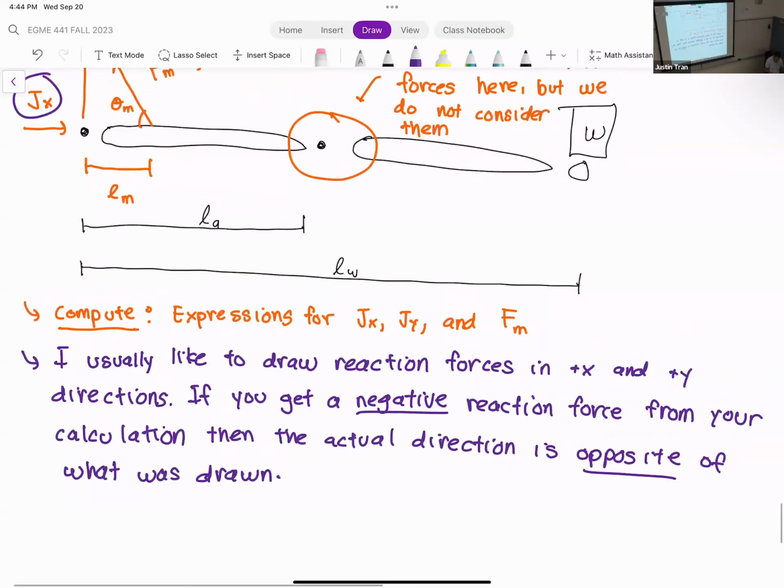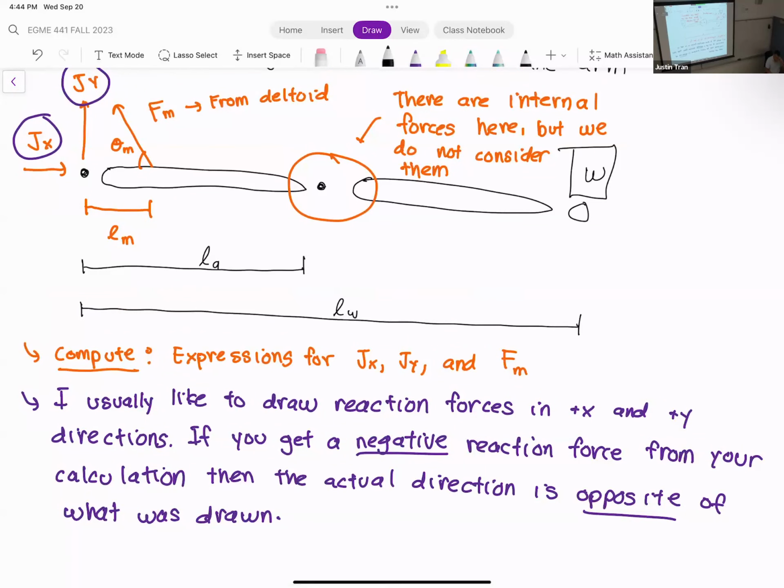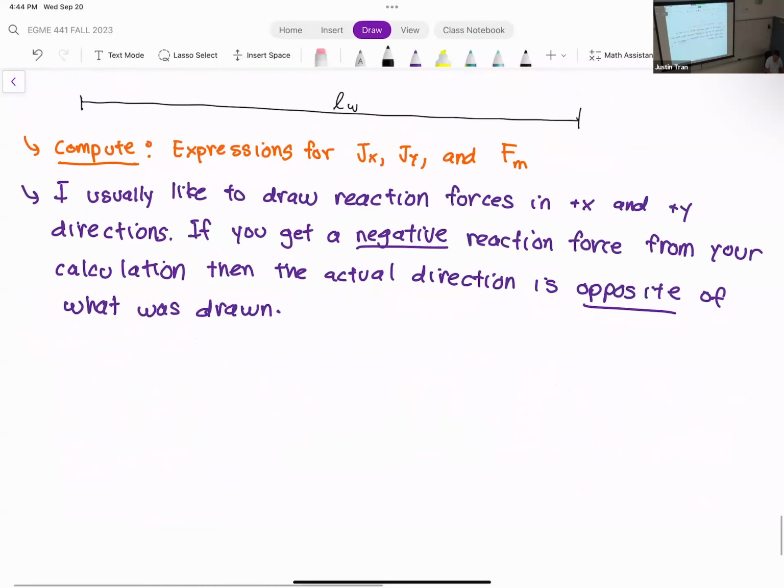So I'm just going to fly through this example because it's pretty fast. Let's sum up the forces in the x direction, sum up the forces in the y direction, and sum up the moments. In this case, the joint of interest is the shoulder joint, so we're going to sum up the moments around the shoulder joint.